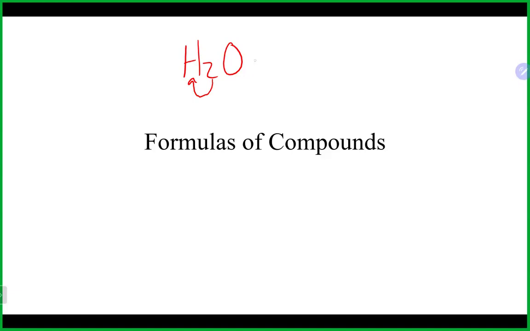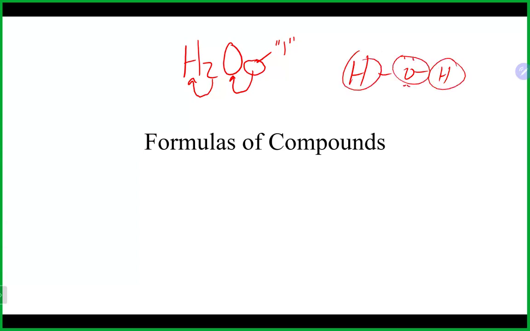If there is nothing written, it still goes to the element on the left, but it means 1. Typically, we don't write the ones down when we just have 1 of something in chemistry. So in the case of water, we would have 1 oxygen in the middle and 2 hydrogen atoms on the ends.